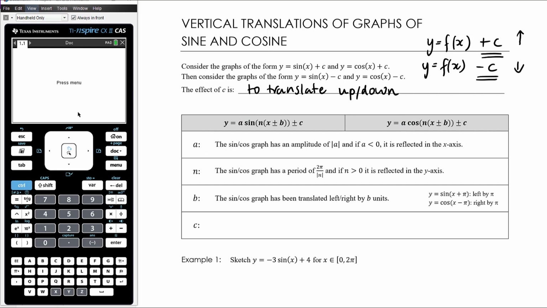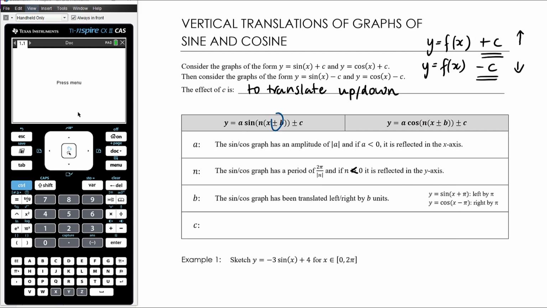We also have n, which is about dilation from the y-axis. So that's about changing the period of the graph. And again, if n is, that should say less than 0. We had that error on the other page as well. If n is less than 0, the graph is reflected in the y-axis, but we won't really see that happen. There are other ways to talk about those reflections.